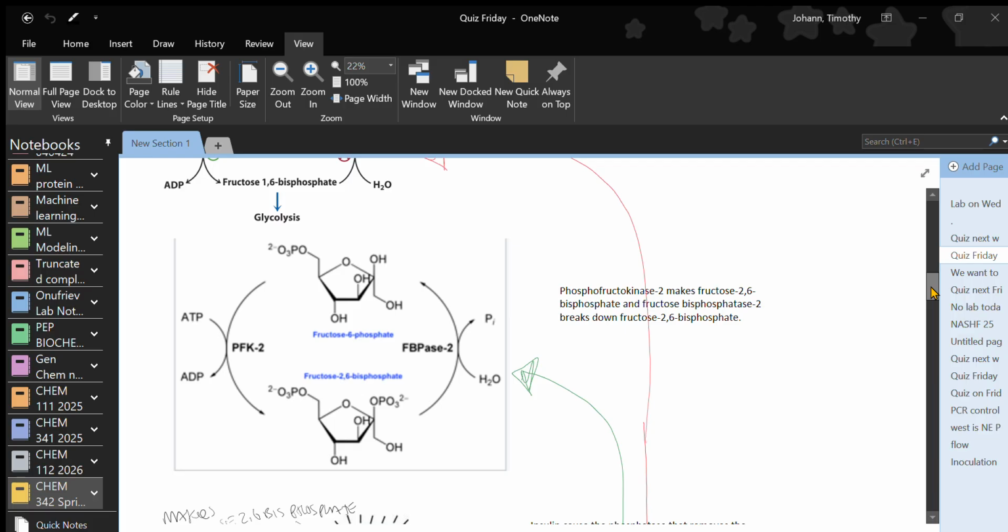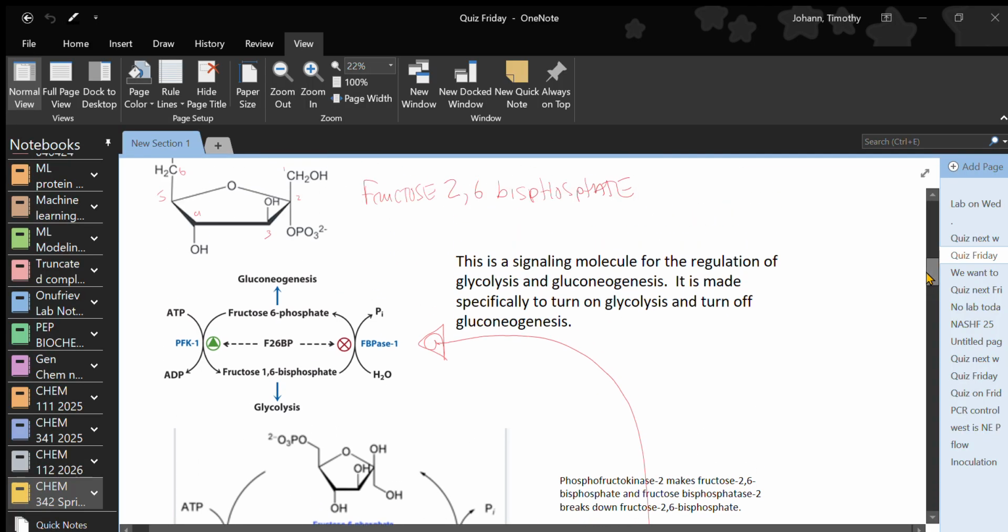So we're making this because insulin bound to the outside of the cell, and then one more step up, fructose 2,6-bisphosphate will activate phosphofructokinase 1 and cause glycolysis to happen, and it will turn off fructose bisphosphatase 1 and turn off gluconeogenesis.